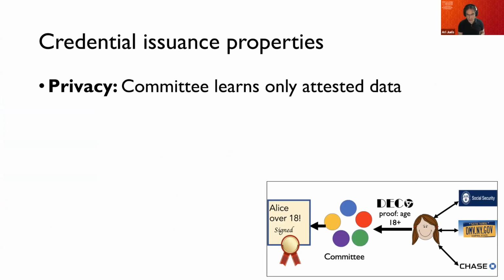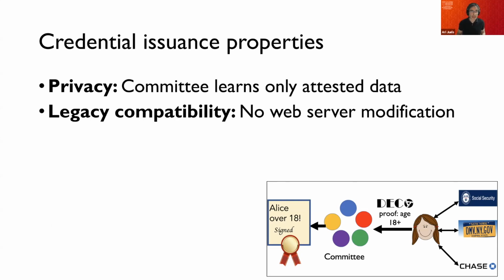Another nice feature of this system is that the committee only learns the data that the user wants the committee to learn. In this case, for example, Alice can prove she's over 18 to the committee and present a zero knowledge proof based on received data without actually revealing her birth date. The committee learns only that she's over 18. We get legacy compatibility.